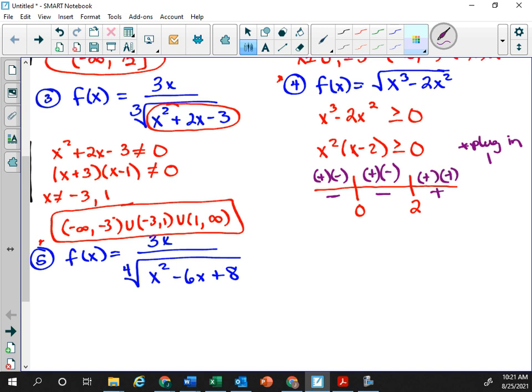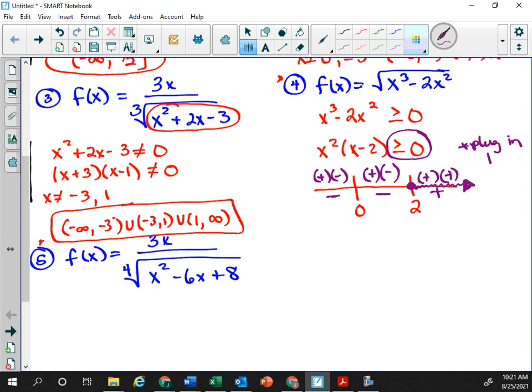All right, so the question then asked, when is this greater than or equal to 0? Okay, that means I'm looking for the positive part. So I'm looking for this piece over here from 2 on. Are there any other parts of the number line that are going to matter? Would the 2 be included or not? Okay.